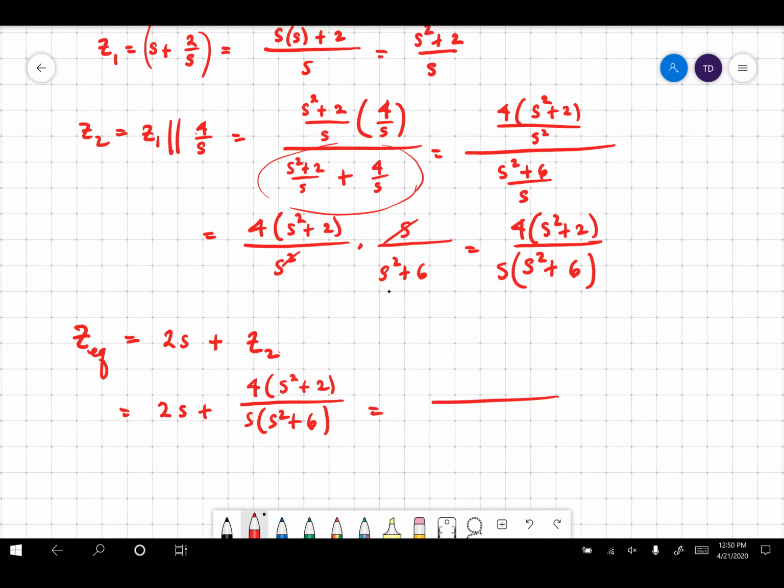Common denominator, this gets a little ugly. So 2S times S times S squared plus 6, plus 4 times S squared plus 2, all divided by S times S squared plus 6.